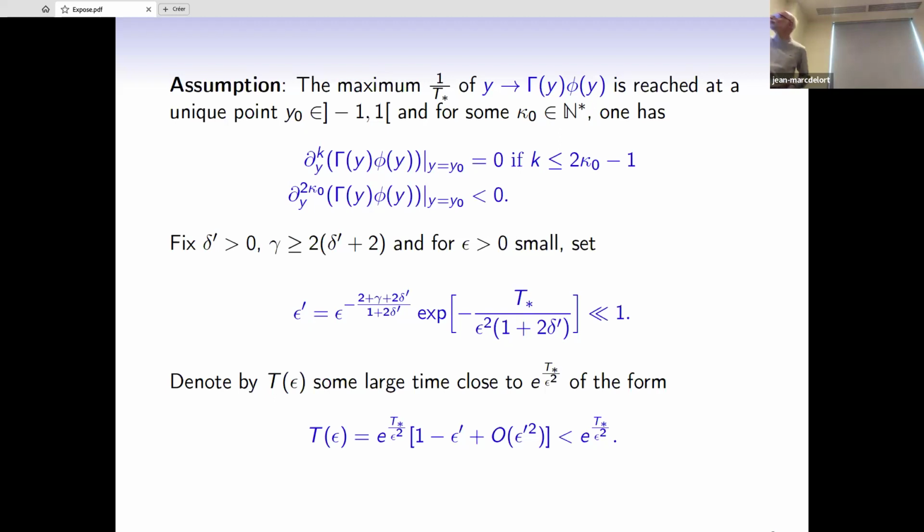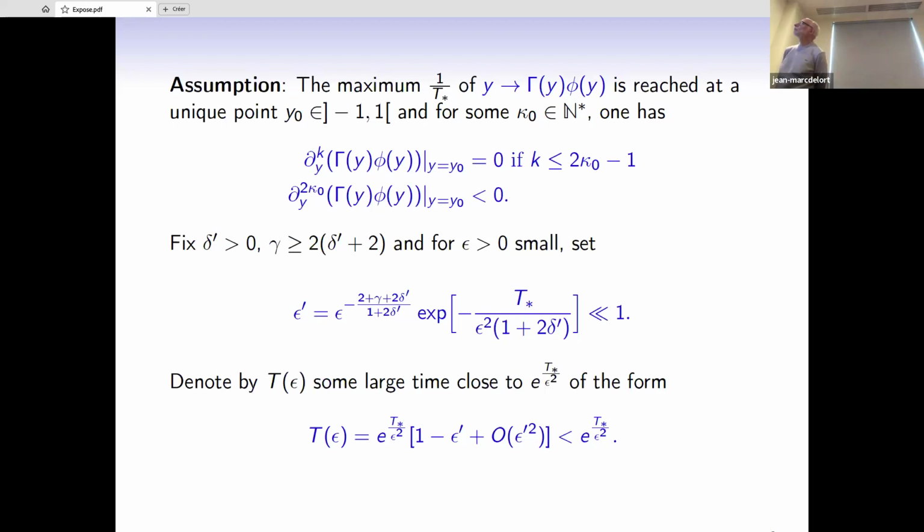I multiply it by some power of epsilon for technical reasons. And I get in that way an epsilon prime, which is exponentially small. And now I will take a time t of epsilon, which is close to e to the T star over epsilon squared, in the sense that it is e to the T star over epsilon squared times 1 minus epsilon prime plus or minus epsilon prime to the square. So that's a time which is more than the blowing up time, but pretty close to it.